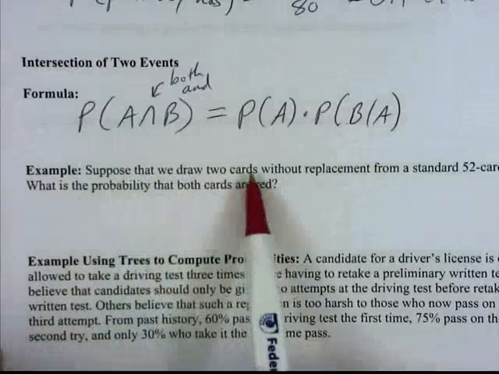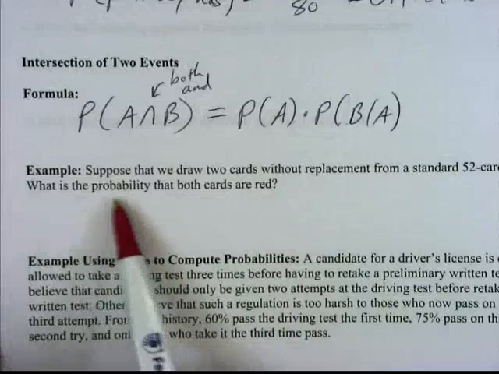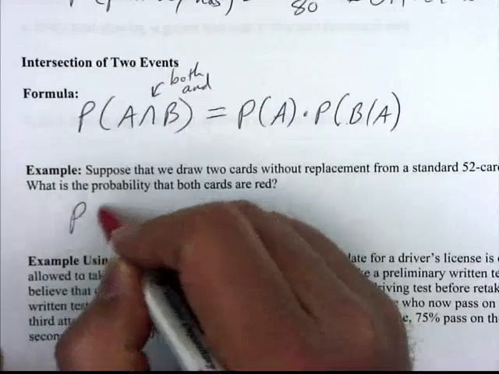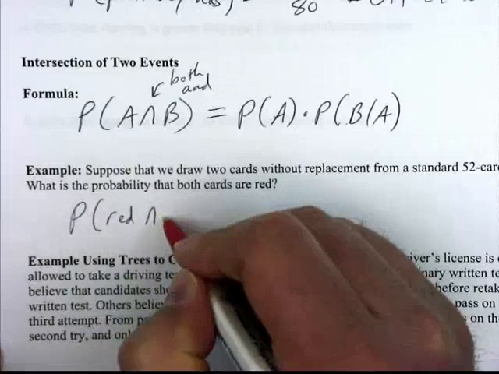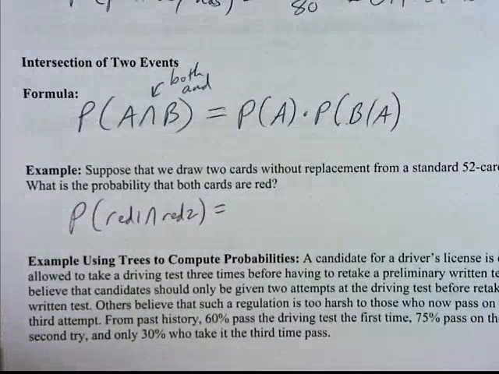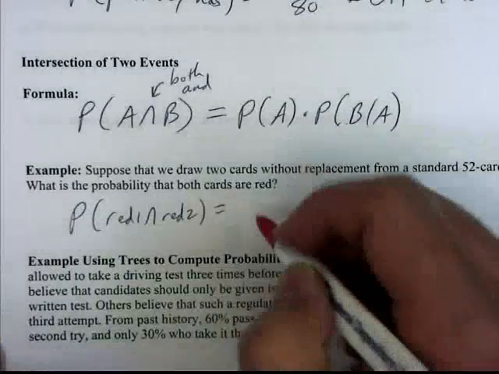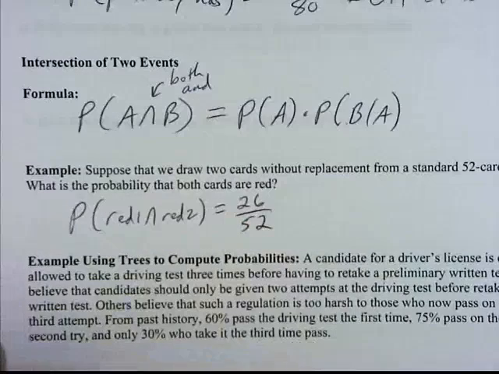For example, suppose that we draw two cards without replacement from a standard 52-card deck. What is the probability that both cards are red? So the probability of a red 1 and a red 2. We'd start out with the probability of that first red occurring. Since there are 26 reds out of the 52 cards, that would be the probability of the first red.